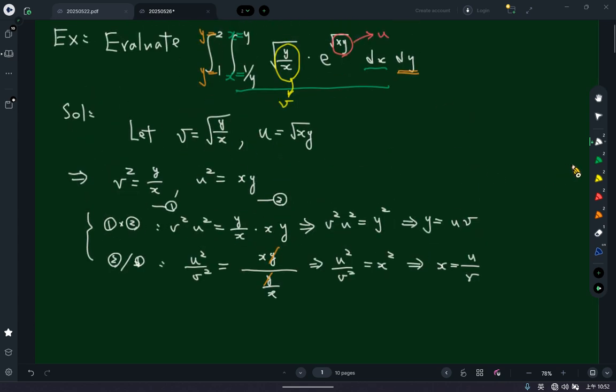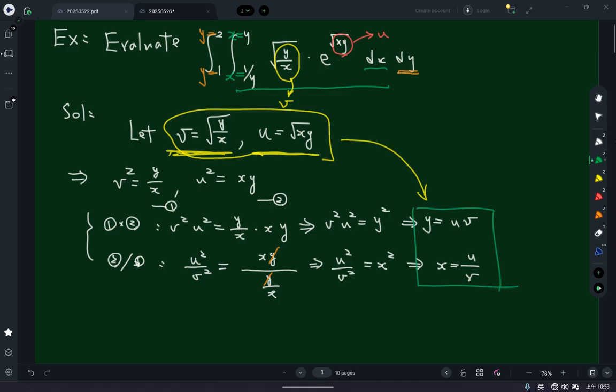So you can see originally we have v equal to the square root of y over x, u equal to the square root of xy. Then we convert it into x equal to u over v, y equal to uv.